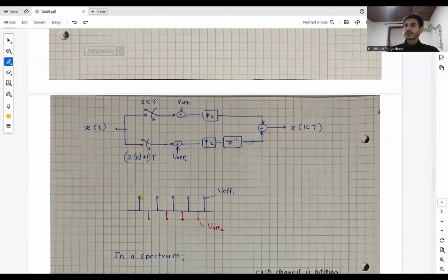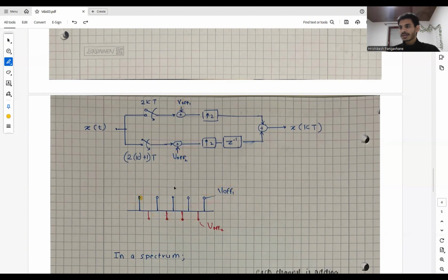That's why we have represented this sampler with two branches, kT and (2k+1)T. This is the representation of even and odd. Our even samples will have V1 in addition, and this channel will have V2.